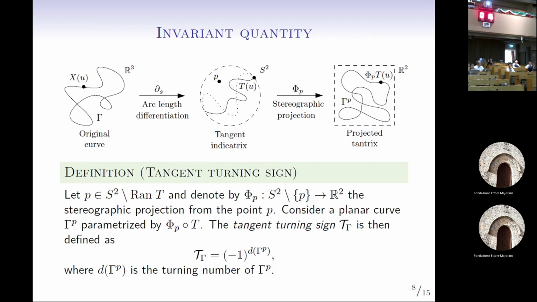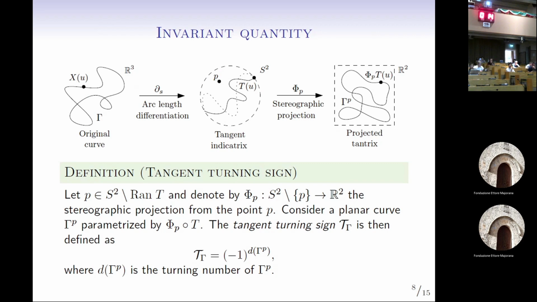So it's constructed in the following way. Consider the initial curve in R3, look at its tangent map, and then take any point from the 2-sphere which is not on the tangent line, and project it by stereographic projection into R2.